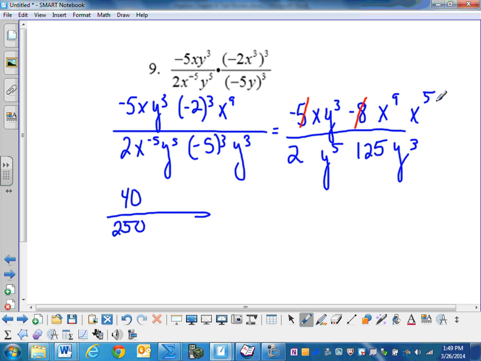Oh, and x to the 5th, 10x is 15x. So here's an x, here's an x, and here's an x. And then I have a y on top, and then I have 8 on the bottom, 3 on top, so that leaves me 5 on the bottom.